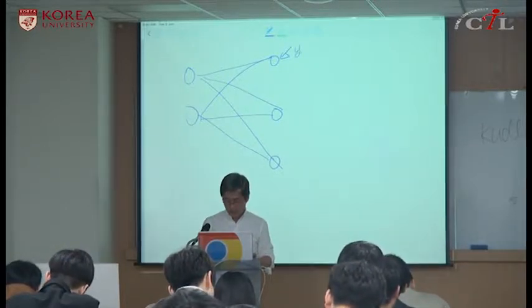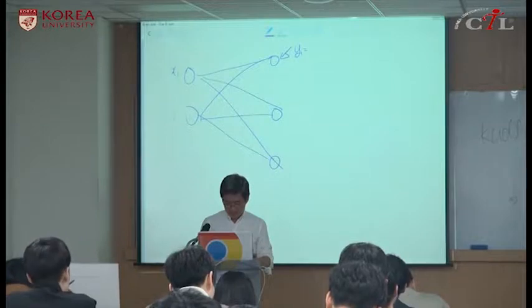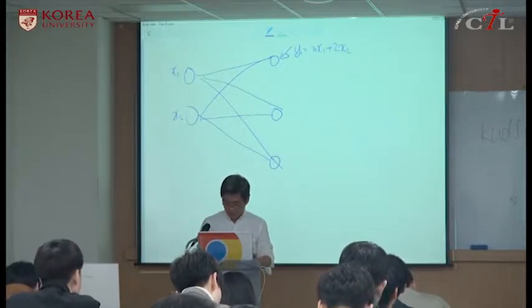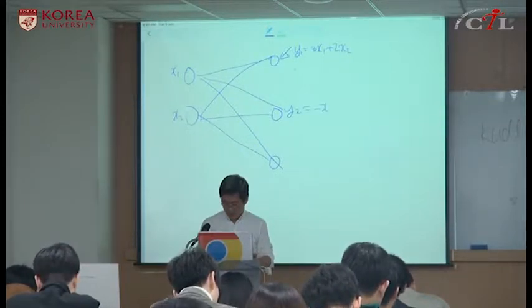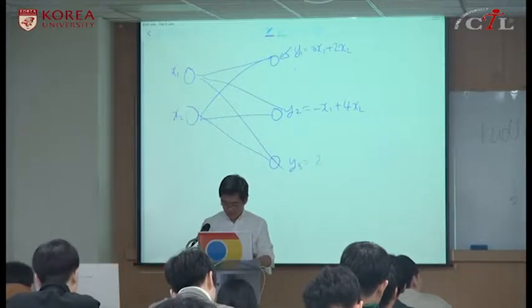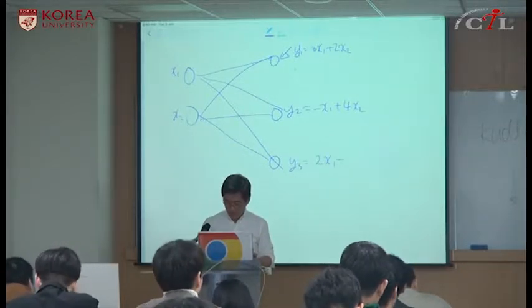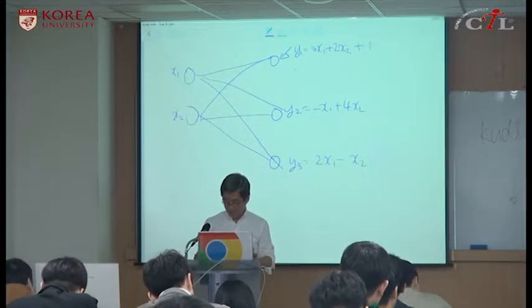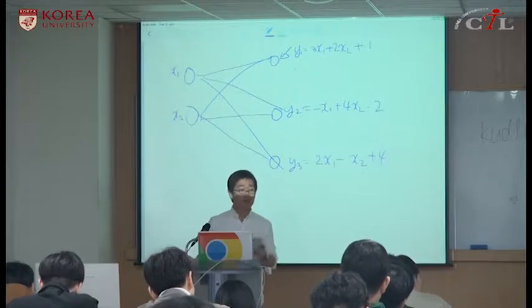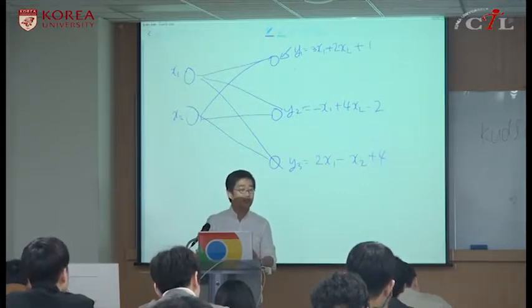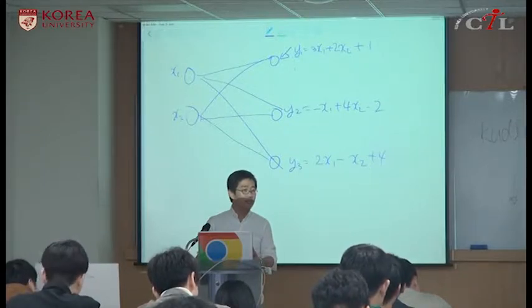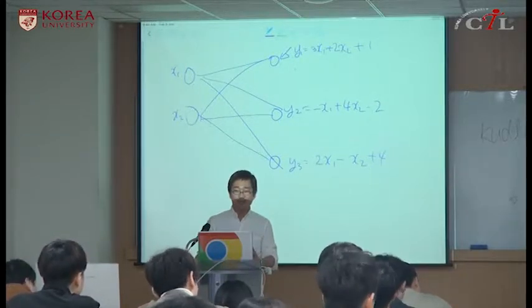Suppose the first output is y1 = 3x1 + 2x2, y2 = -x1 + 4x2, and y3 = 2x1 - x2. We can also have some bias terms like 1, -2, and 4. These are just random numbers, and suppose this is the current state of the parameter values during our gradient descent update.